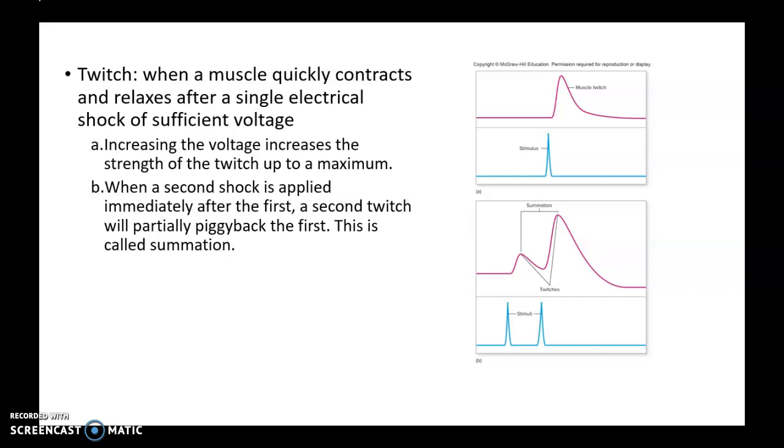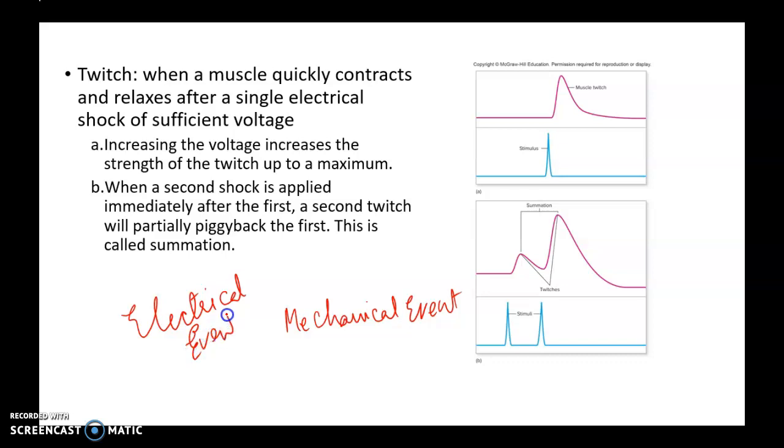Remember that a mechanical event is always preceded by an electrical event. So you have the electrical event first, which is then followed by the mechanical event.